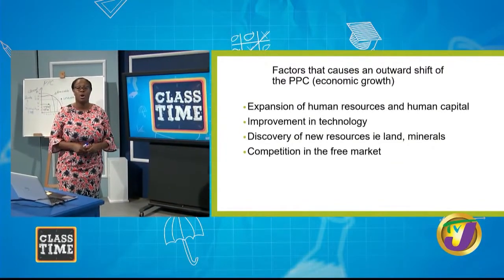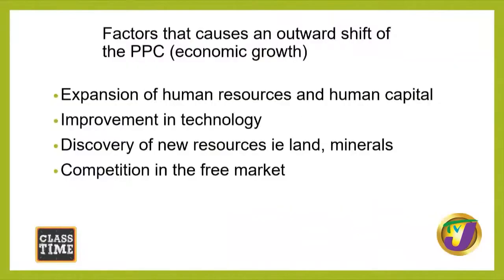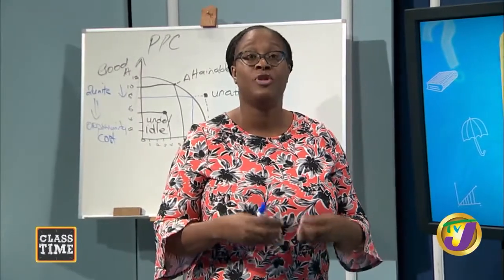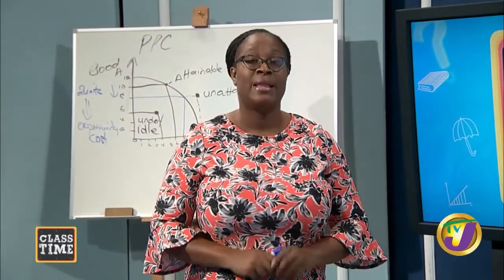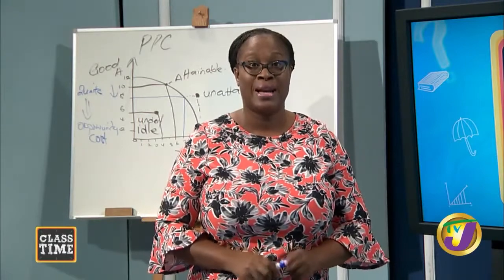Now, how competition works is that firms will find ways, creative ways, innovative ways, efficient ways of producing goods and services because they are in competition with each other. And what you will find is that it will boost the level of output for that economy. So those are some of the factors that can cause the PPC to shift outwards, representing that there is a level of economic growth within that society.